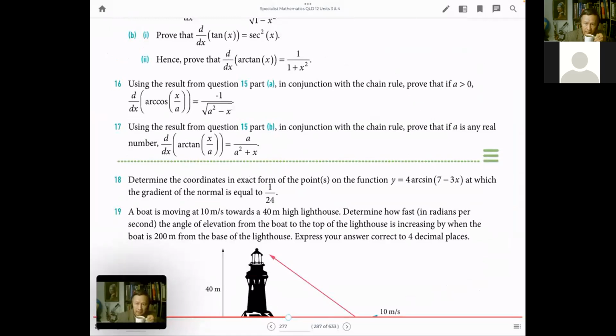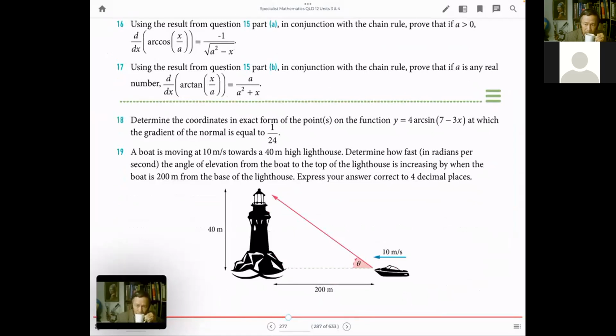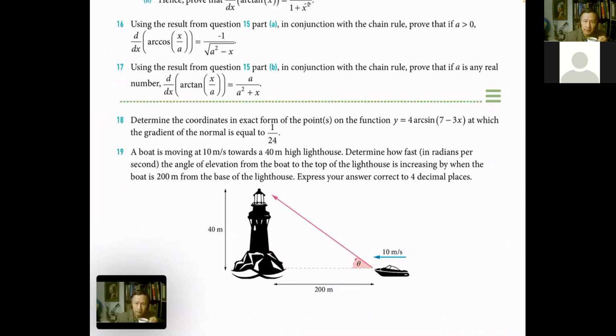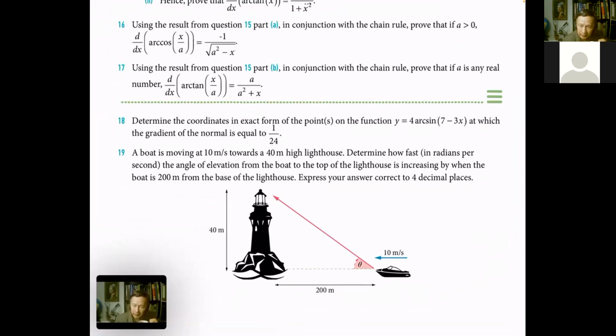Which one? 18. Which one? 16? 18. Okay. You can read now. That will help you to understand what the question is.